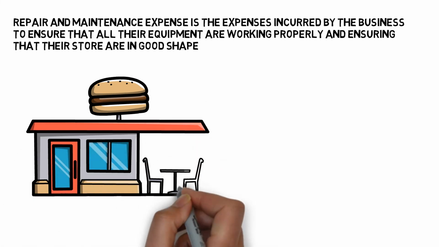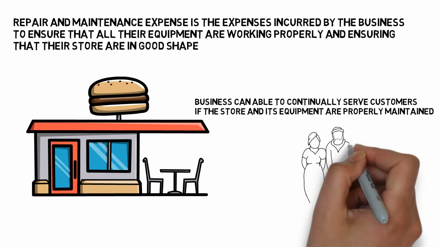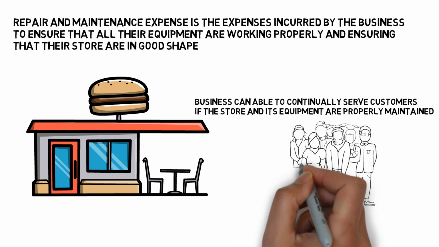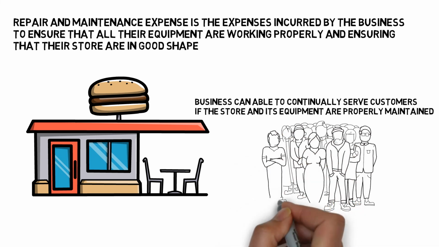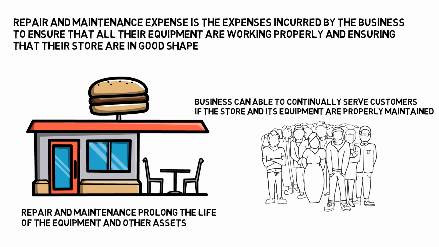That's why the business owner should continue to maintain the goodness and cleanliness of the store. Repair and maintenance is also a good activity to prolong the use of machines and other furniture in a business so that the operations will not be hindered and sales will continue to generate.